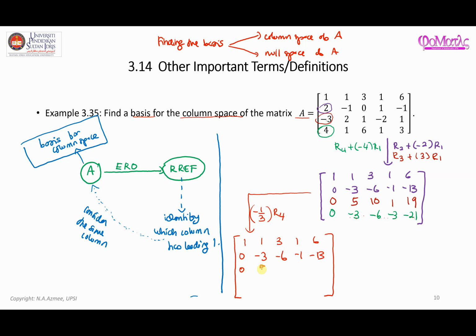Well, -1 plus 3 is 2. -13 plus 21, so that will be 8. Okay.